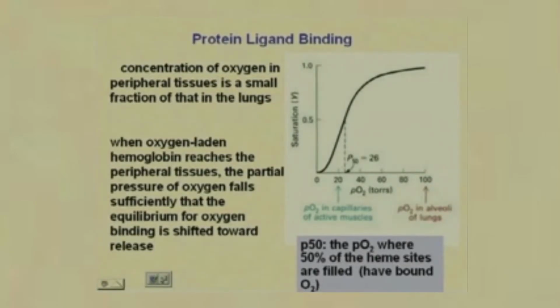So, in the situation where the partial pressure of oxygen is high in the lungs, hemoglobin will take up the oxygen. Since it is circulating in the blood, when it is coming to a point near the tissues, the partial pressure of oxygen is low. So, what is happening to it? It is releasing it.